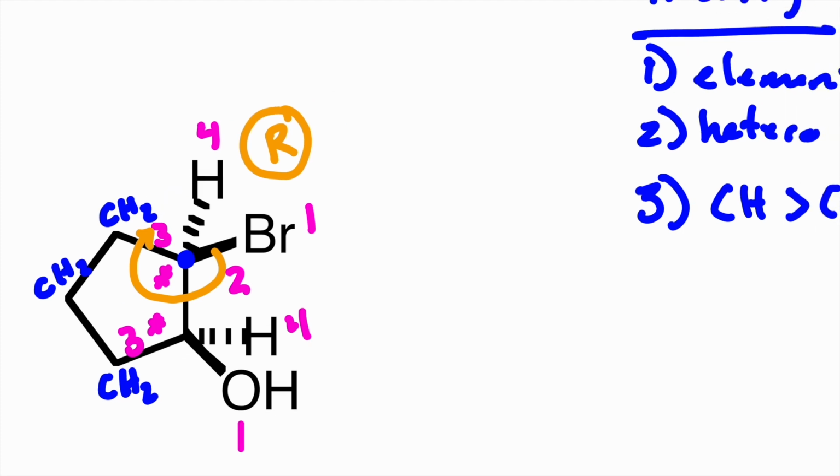Priority: element, carbon with a heteroatom, and then just carbons. So now if I take 1 to 2 to 3, H is in the back, I'm going counterclockwise, so this chiral carbon is an S.